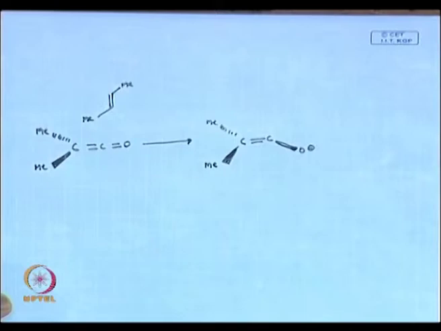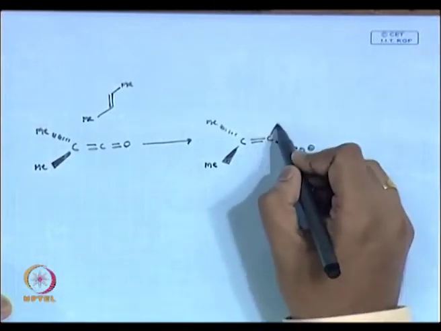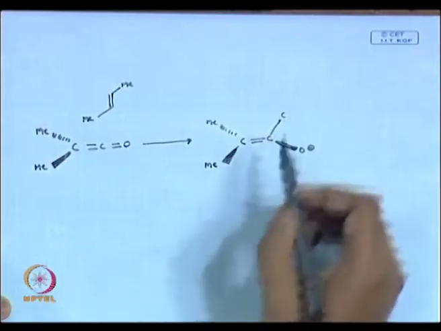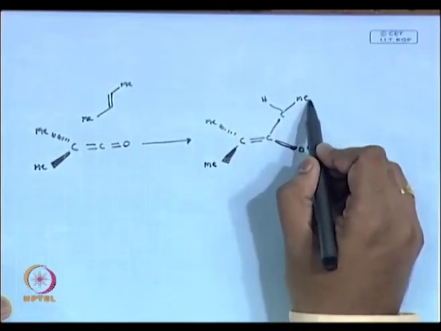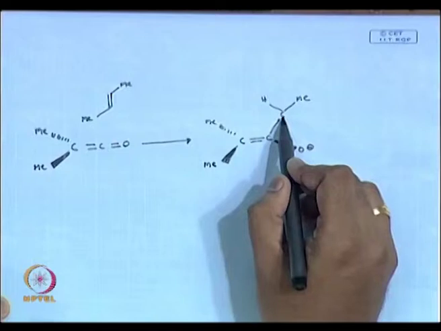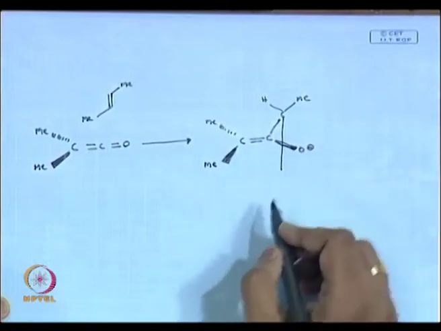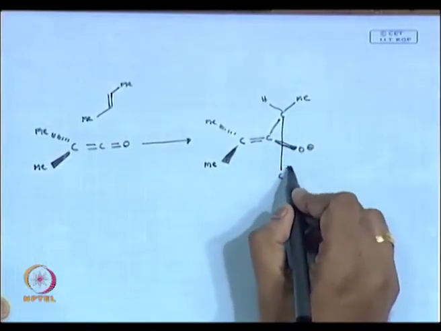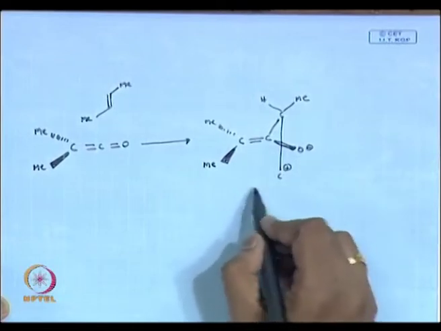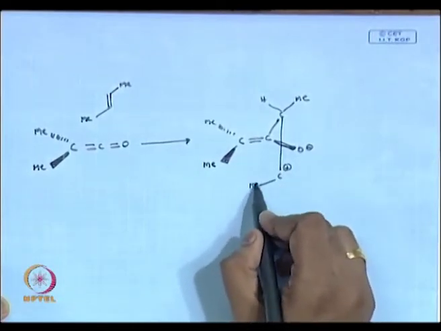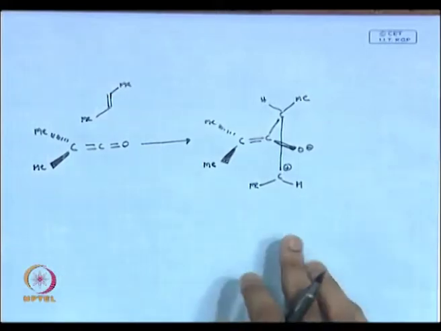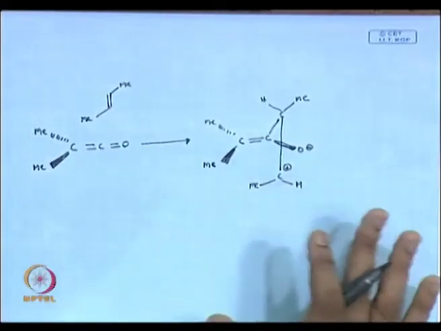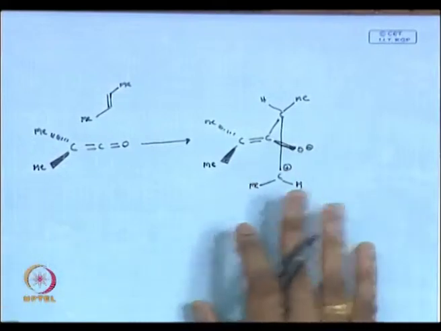This is your O minus, and here the olefin is connected with the methyl, a type of intermediate. I have this type of system, with methyl and hydrogen. If you think that it goes by a stepwise mechanism, then it should be something like this.